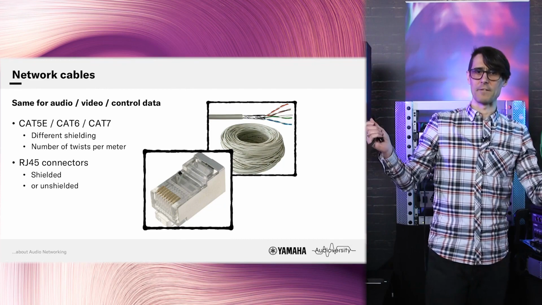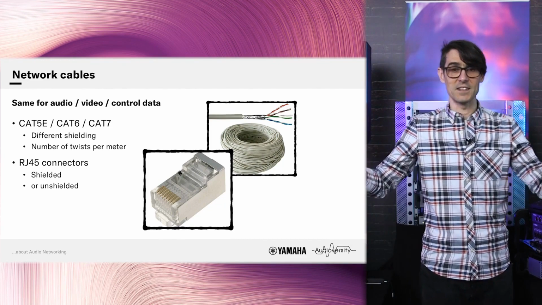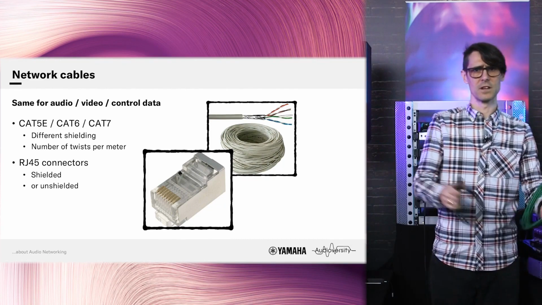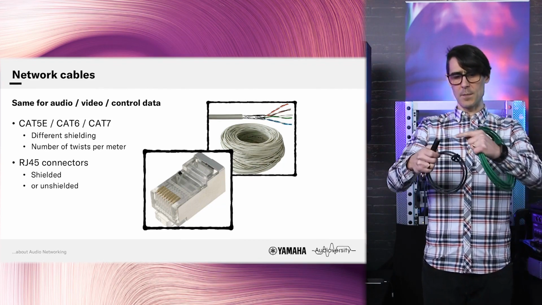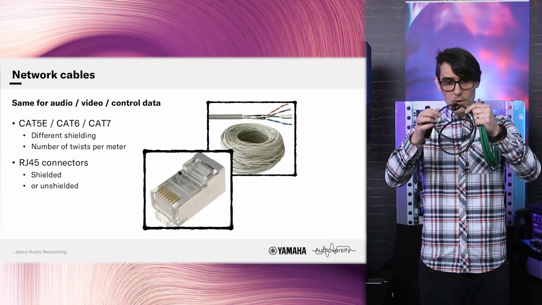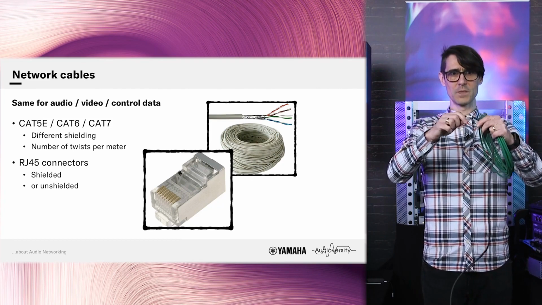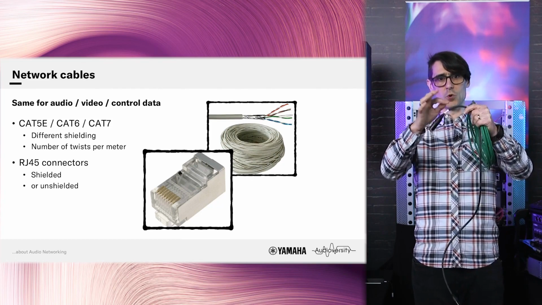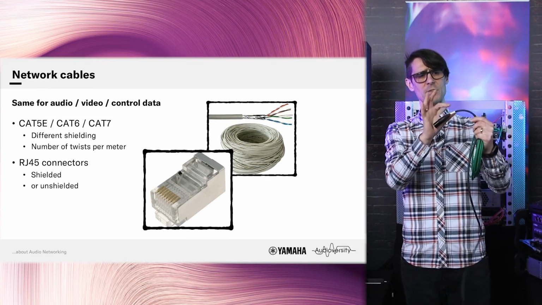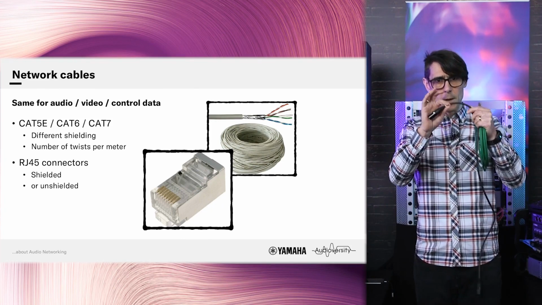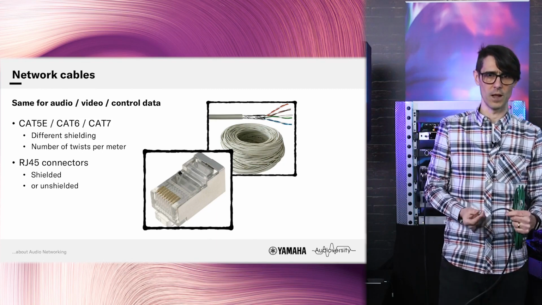You've probably heard of Cat5, Cat5e, Cat6 and Cat7 cables. What's the difference? Well, a couple of things. The number of twists per meter of the pairs in the cable. The higher the number, the more twists per meter; Cat7 has more twists per meter than Cat6, for example. And then the type of shielding between each pair of wires in the cable as well.